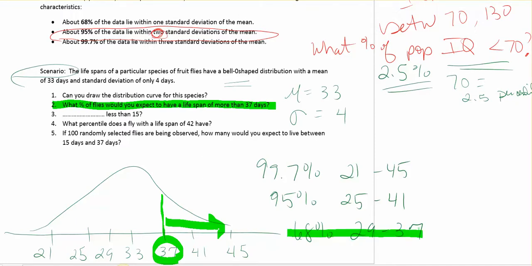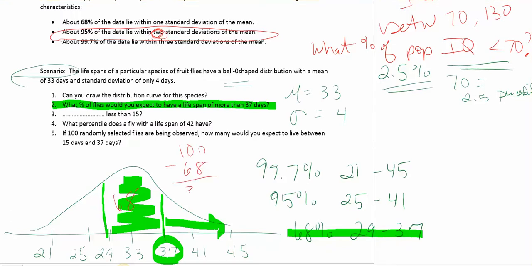So you know that between 29 and 37 is your 68. And you know that 100 minus 68 leaves you 32% for the rest of the population. And half of that's below and half of that's above. So then the answer to that question would be 16% would have a lifespan of more than 37 days.